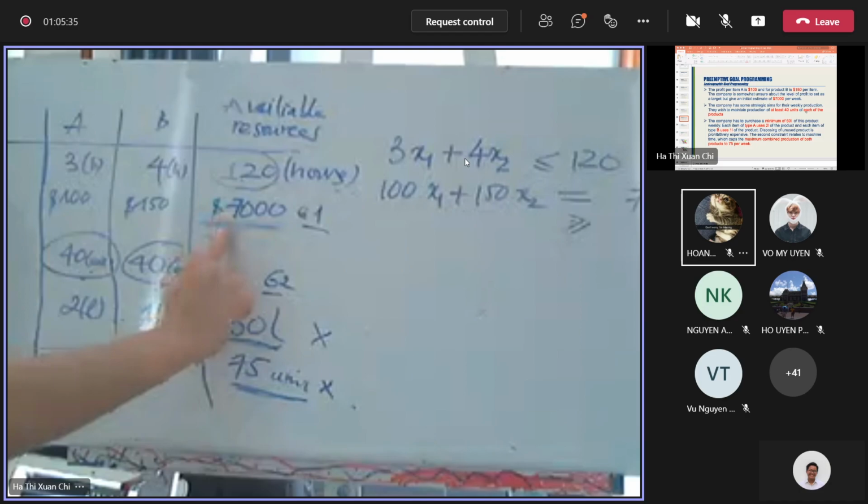Everyone, look at this. We have 1, 2, 3, 4, 5, 6, totally 6 constraints. So I draw 6 constraints in here.